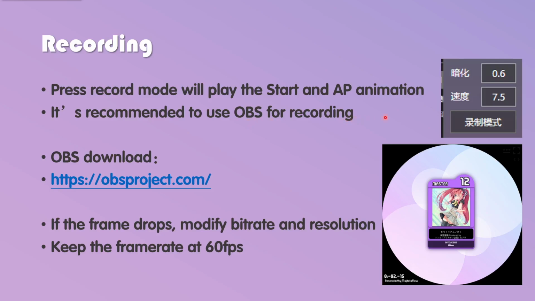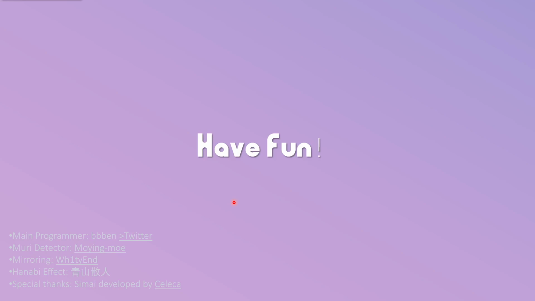And if you press the record mode button, it will play the start animation like here. And my advice is that you keep the frame rate at 16 FPS at least, and that's basically the instruction for recording. And that's all. Have fun with your fullman designing.